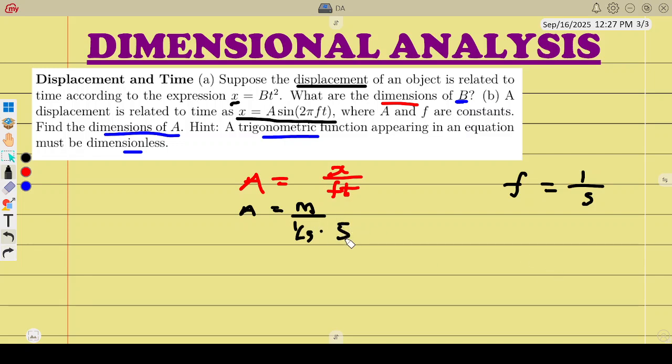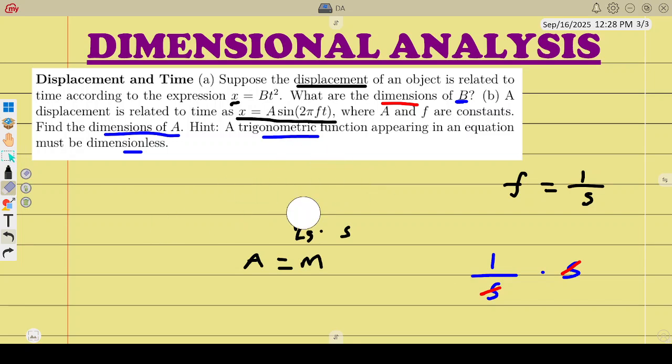So we can simplify the denominator: 1 over S times S. You can see these two will cancel, and the final answer is just A is equal to M. So we've found the dimensions.